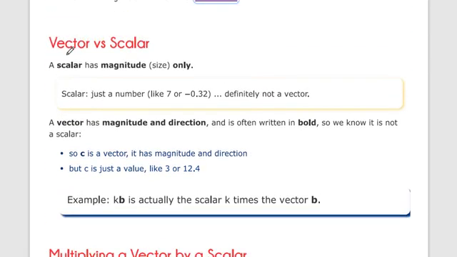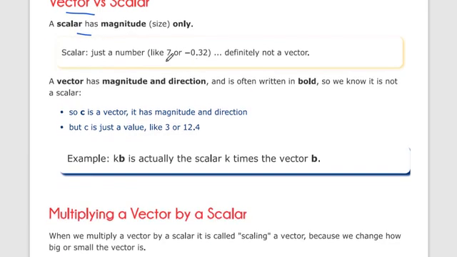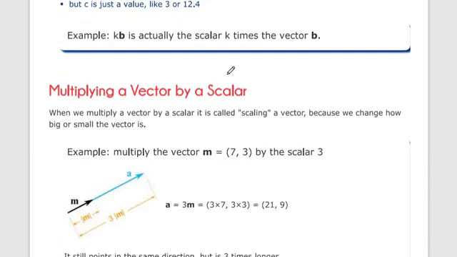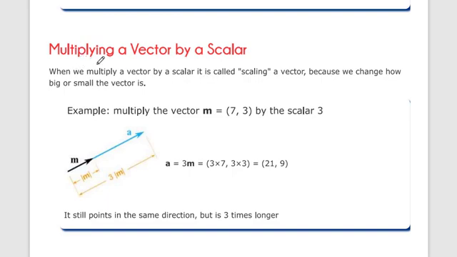We already discussed scalar and vector. A scalar is a magnitude, a size, like 7.32. Now what will we do? Multiplying a vector by a scalar.